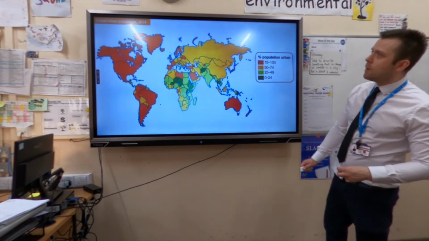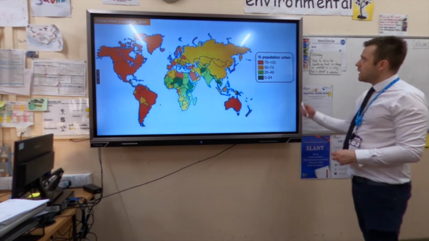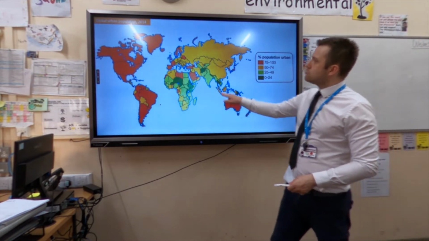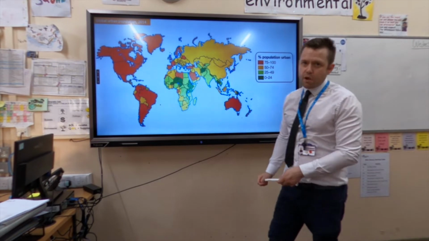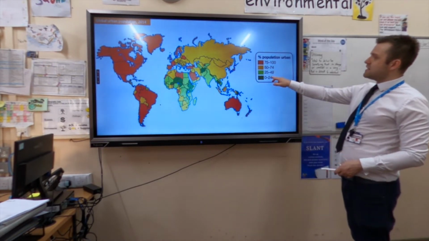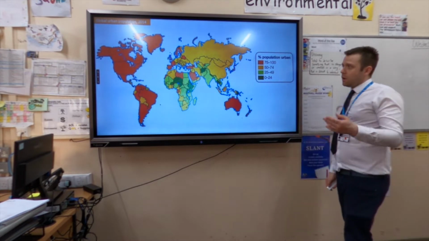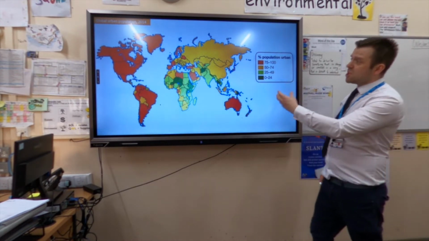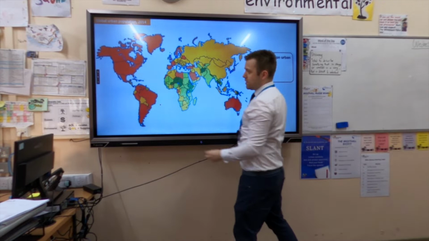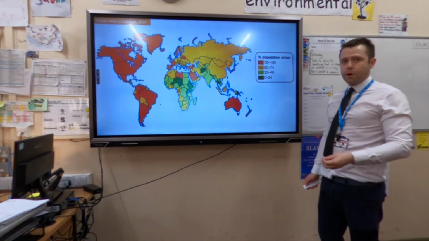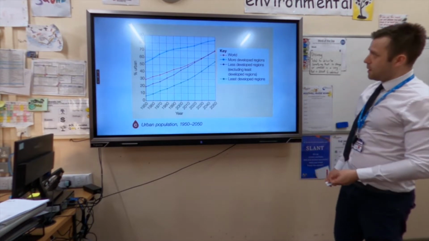Now, if we look at urbanisation around the world and the percentage of urban, we can see that usually more developed countries have got higher rates of urbanisation, whereas less developed countries have lower rates. This is because generally these countries have already industrialised, so people have already moved to the cities, so the urbanisation has already taken place.